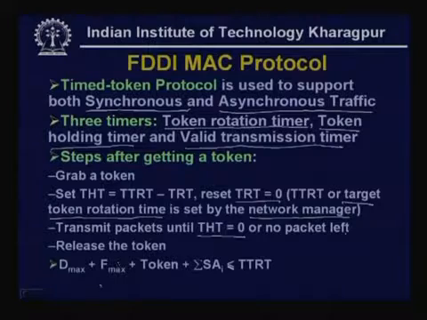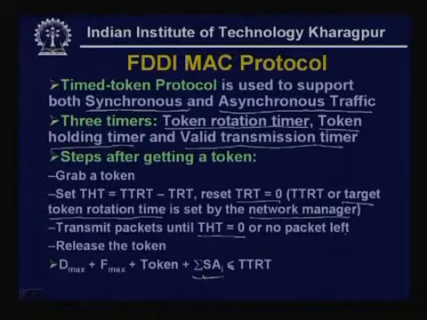Now, as you can see, the time is decided in this way: Dmax is the total propagation time of the ring, Fmax is the maximum time of a frame, and this is the token transmission time, and this is the allotment of synchronous traffic. That means each station is allocated a fraction of time for transmitting synchronous traffic, and after transmitting synchronous traffic, if there is any time left, asynchronous traffic is sent.